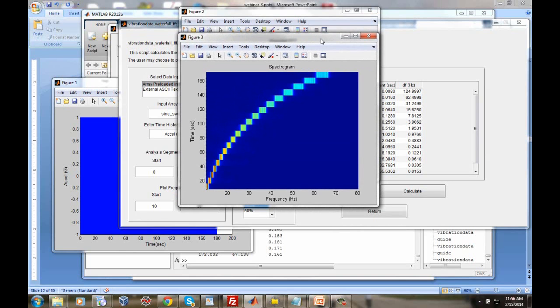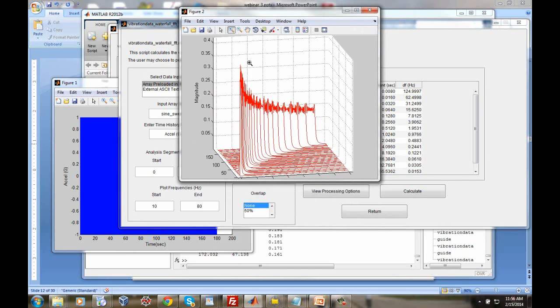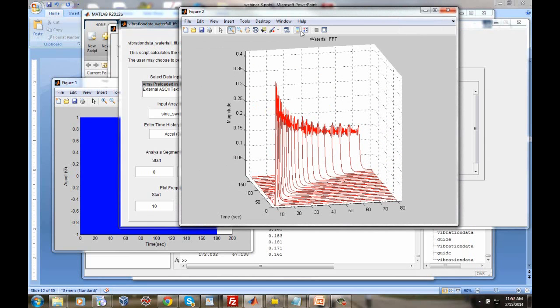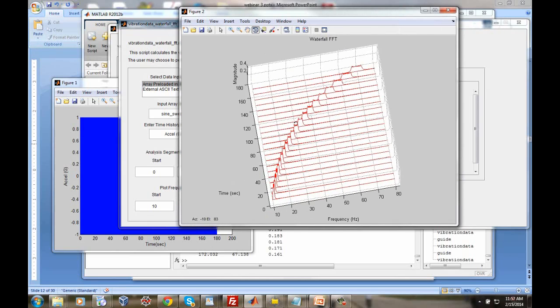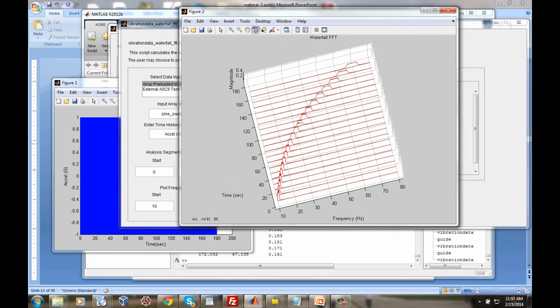So that's the spectrogram. And the format I actually prefer is called a Waterfall FFT. And we can play around with this Waterfall FFT. We can zoom in and rotate and do different things with it. So it's sort of fun to play around with these.